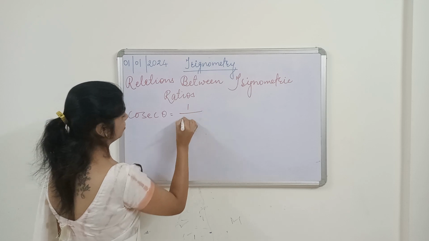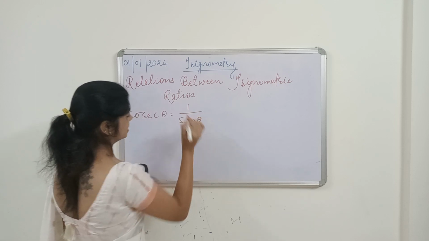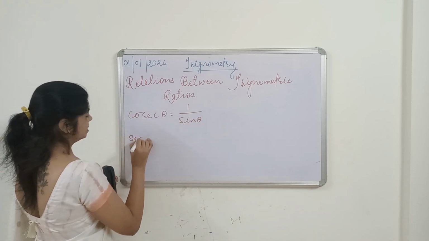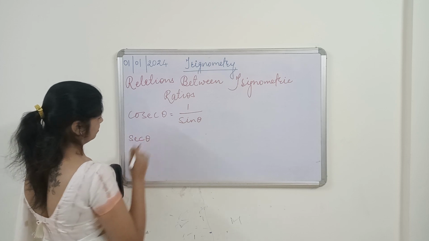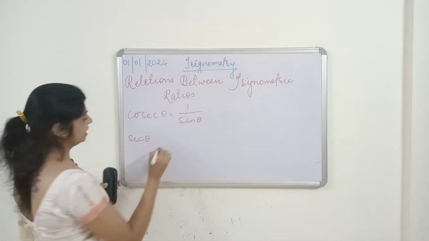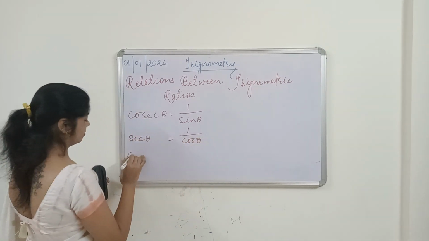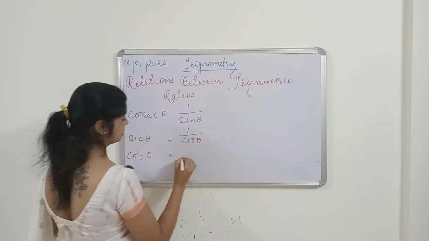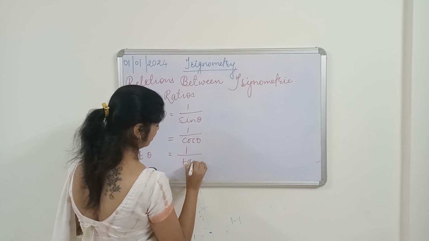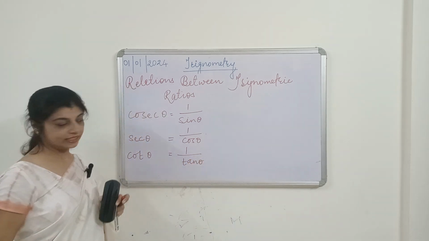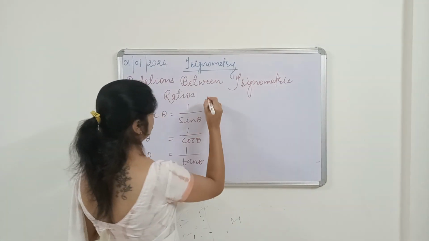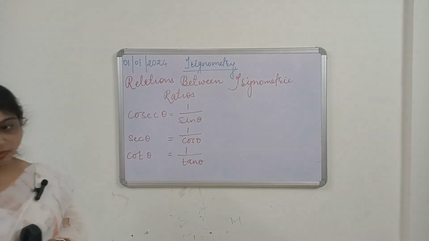This is 1 upon sine theta. What is your sec theta? This is 1 upon cos theta. What is your cot theta? 1 upon tan theta. So these are in terms of reciprocals.